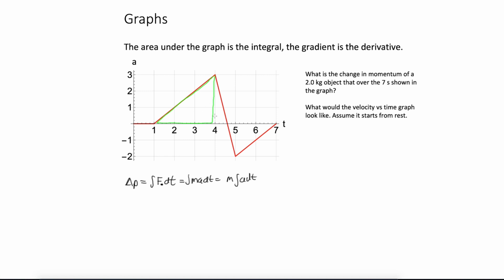Okay, so if we consider this triangle here, it's got a height of 3 and a length of 3, so 3 times 3 is 9, and we just take half of that as the area, so that's 4.5. So next triangle is this one. This one here is going through 4.6. So this length here is 0.6 and the height is 3. So we've got 0.6 times 3 divided by 2, which gives us 0.9.